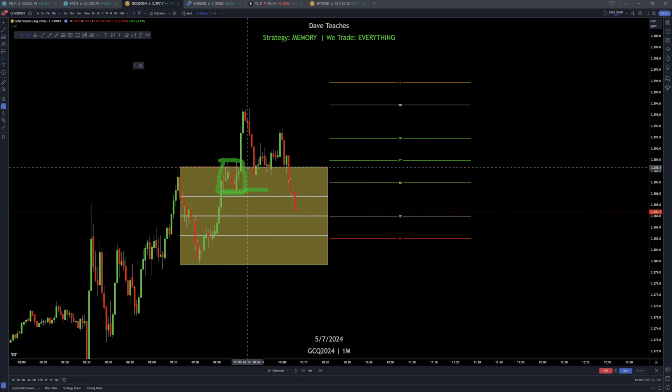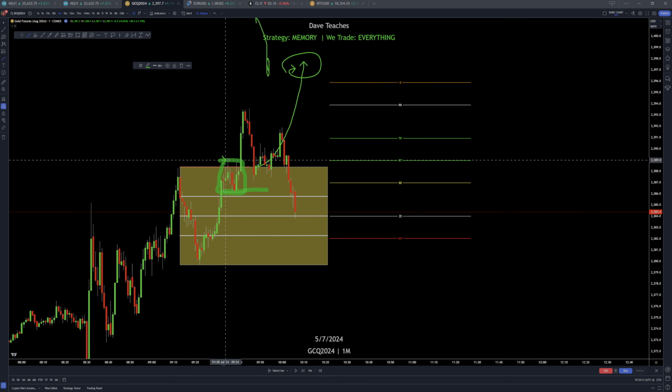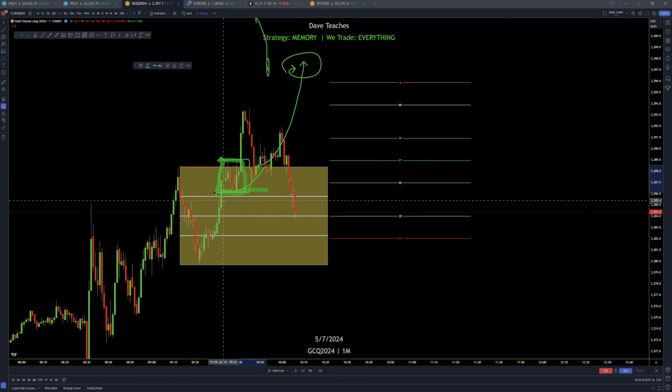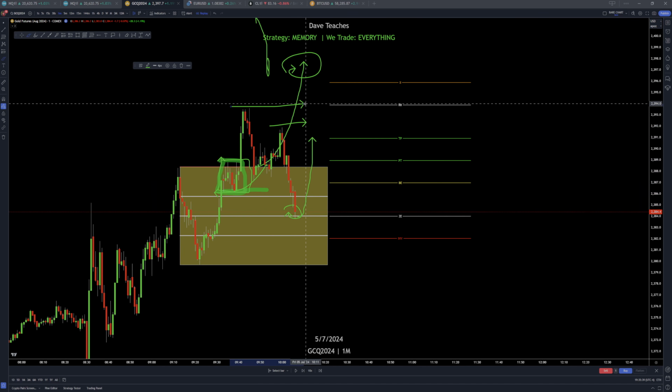Most people want to go long out of here, and they believe price is ready to go higher because it tapped onto this POI here. And then we end up violating it, tapping in, and we have now an internal impulse and the external impulse, right, to trade back up.